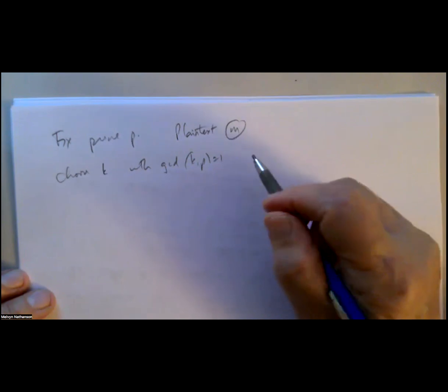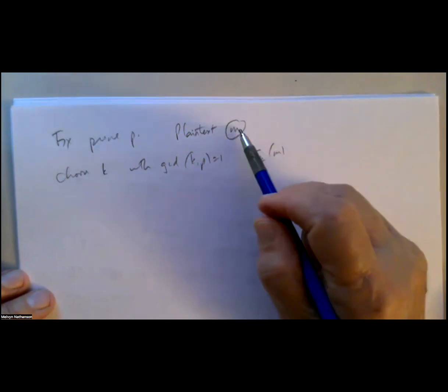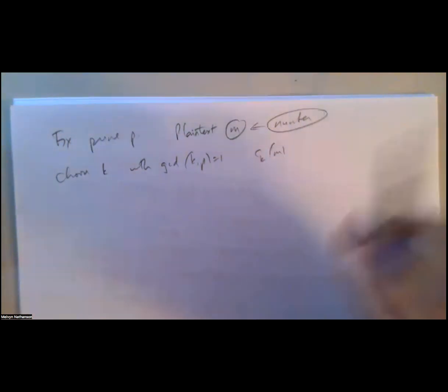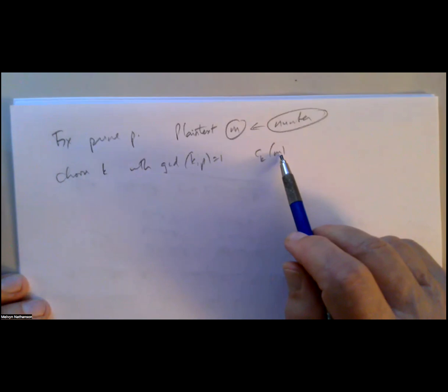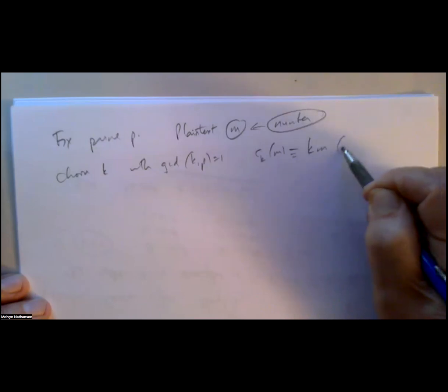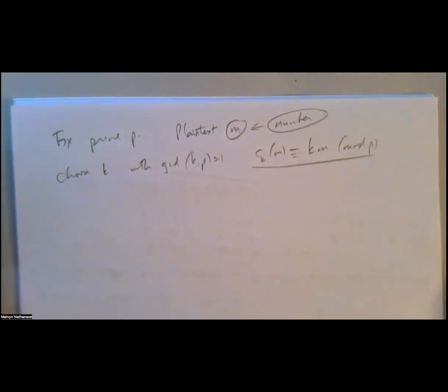And your encryption is C sub K of M, where M is a number. We don't use letters as text. Texts are numbers. And so if you take your plain text M, you let this be equal to KM mod P. This is encryption.